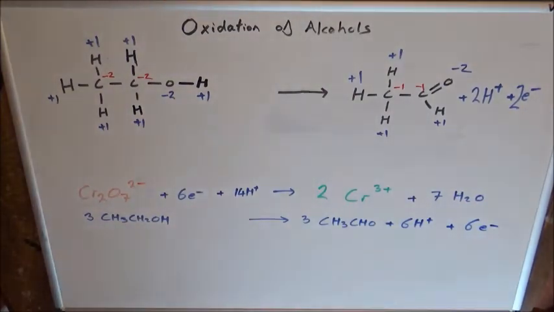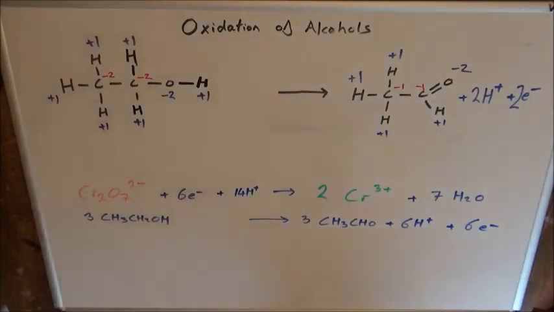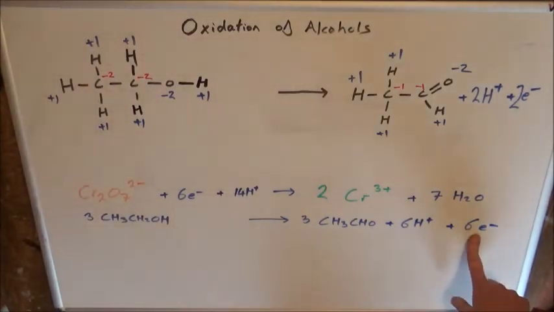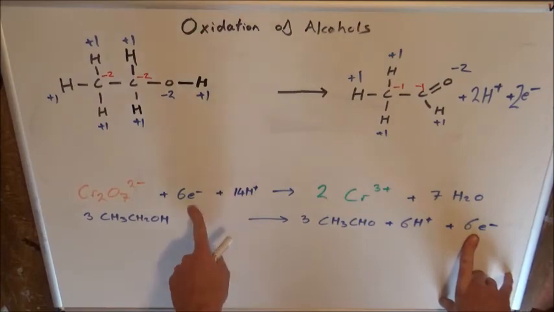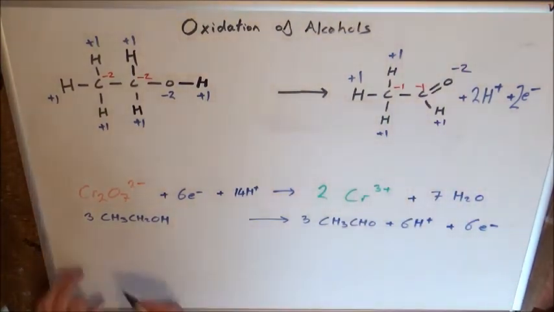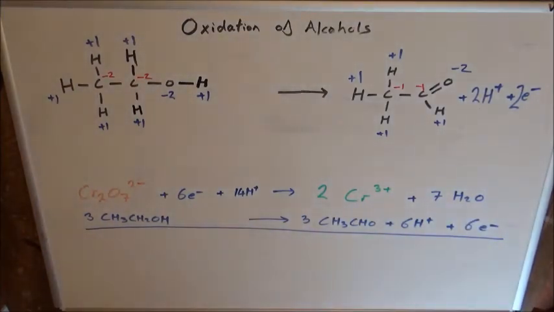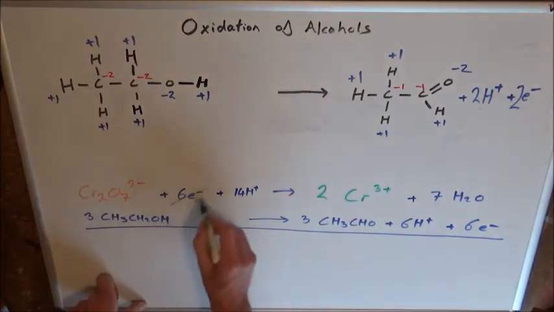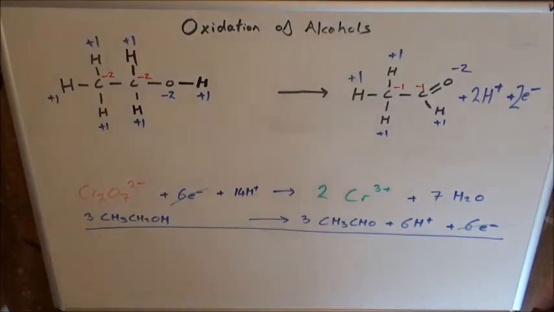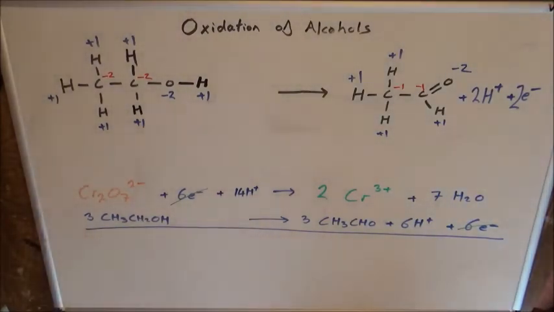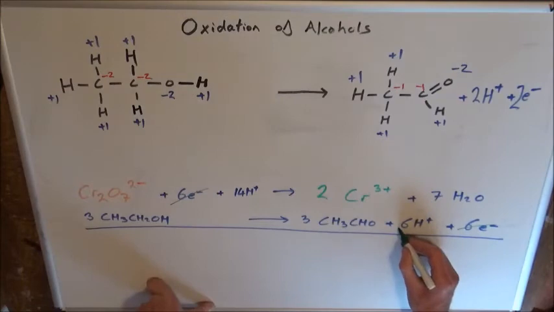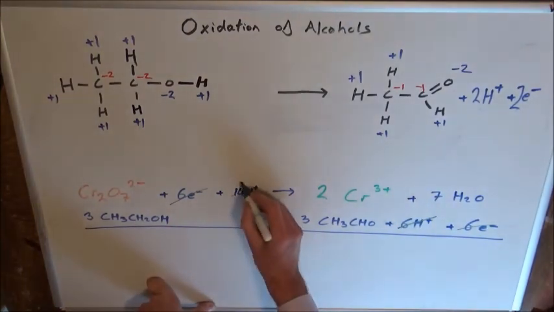And now the number of electrons lost by the ethanol matches the number of electrons required by the dichromate(VI). So I can just add those together to give one overall reaction. But before doing so, it's possible to cancel out the electrons because we've got the same number on each side, just as you would do in maths when you cancel both sides of the equation. We can also balance down some protons. If we take away 6 from each side, you've got none there, and you have 8 left on here.